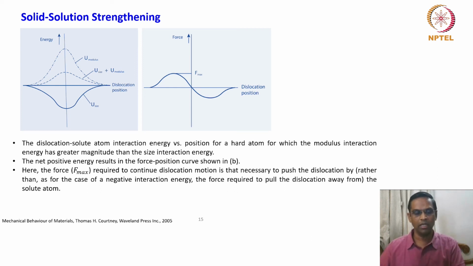We require it in a slightly opposite sense. For the dislocation motion to continue, the necessary force is to push the dislocation by the solute atom, or keep the dislocation motion in continuation.